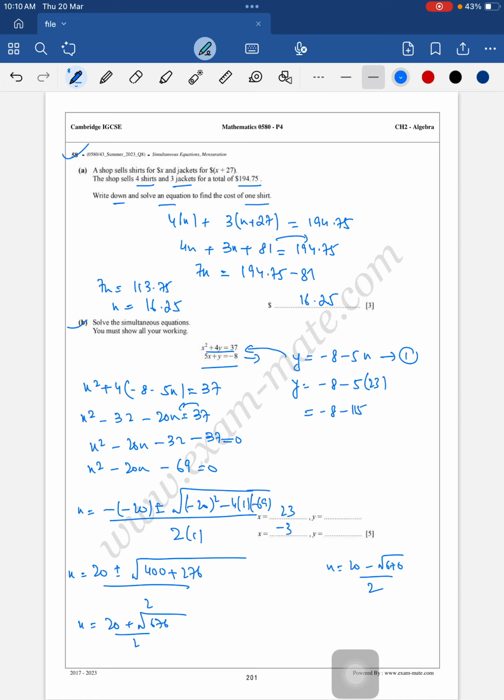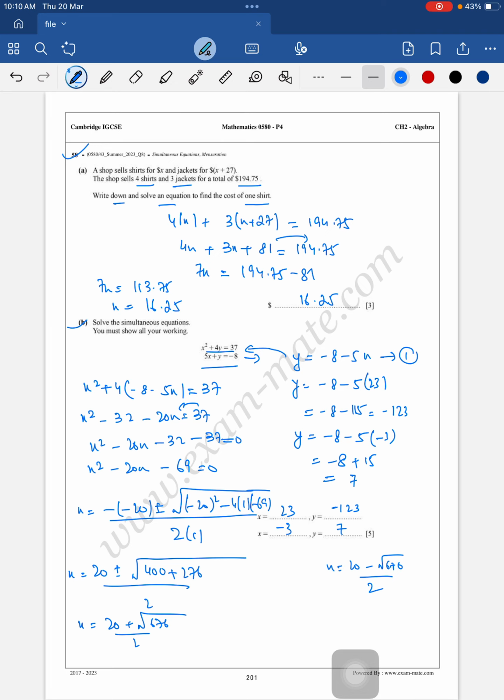So 115 plus 8 is 123, minus 123. The minus sign will come because both are minus. Second value is minus 3. So minus 8 plus 5 times 3 is 15. 15 minus 8 is 7. So minus 123 for 23 and 7 for minus 3.